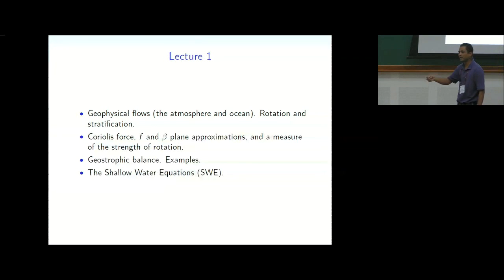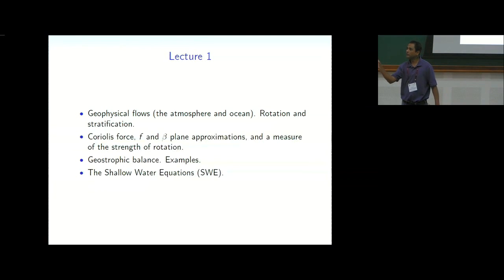So we'll non-dimensionalize our equations, and as with most fluid dynamical phenomena, the strength of rotation is measured by a non-dimensional number. This number is known as the Rossby number. We'll introduce the Rossby number, see how this matches with what we saw in data. Does the Rossby number in a particular regime imply strong effects of rotation, and so on, right?